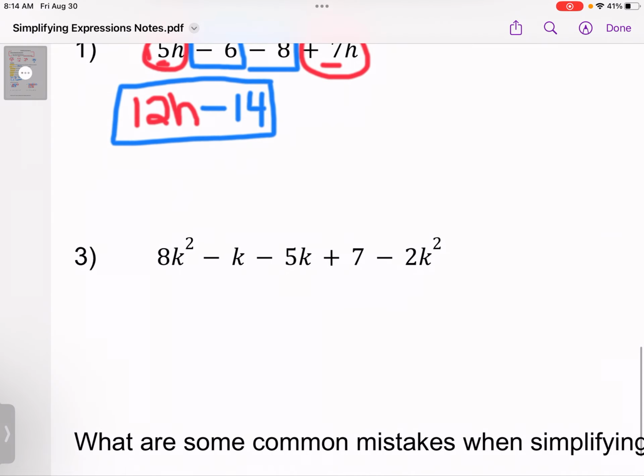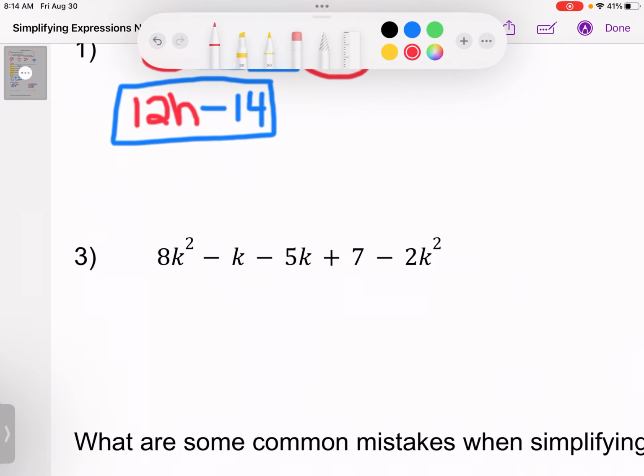Okay, next one's a little different because I wanted to point out that they have to have the same variable part to be like terms. So we have 8k squared, and so it can only go with k squares. Not only does it have to be the same variable, but it also has to have the same exponent. Now I'm going pretty fast, so at any point you need to stop, pause, go back, rewind. Please take the time to do that.